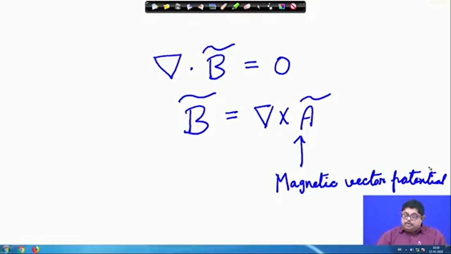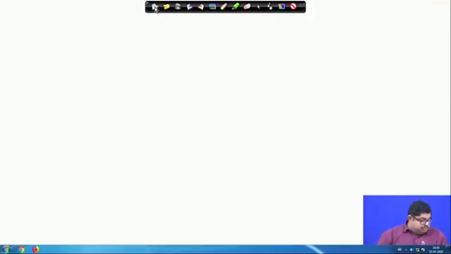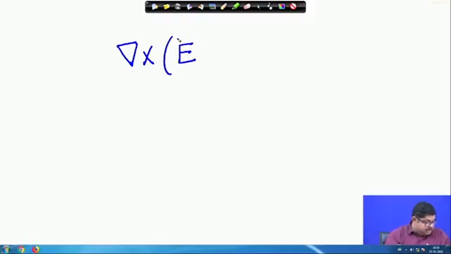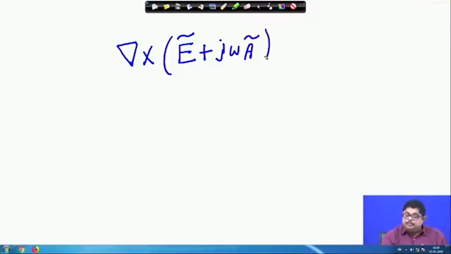Okay. So, if we put this into Maxwell's first equation, which in the earlier case I solved, again I will see that if I put it into Maxwell's first equation, the del cross E there, if I put and change the sides, I will get this equation, and this equation says that curl of something is 0.